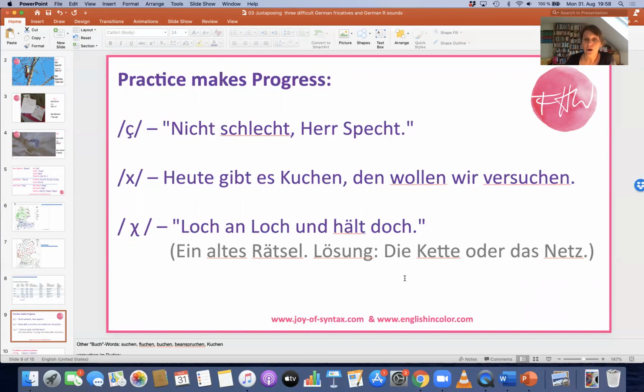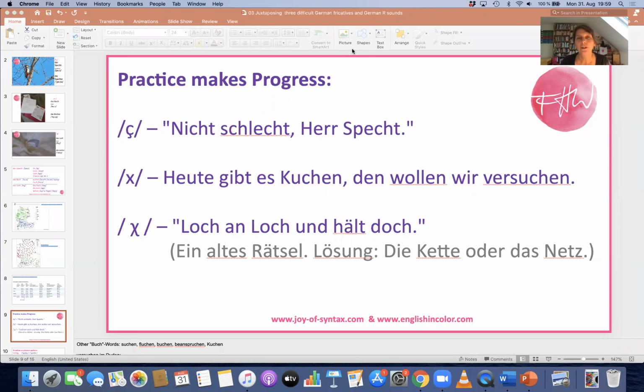And Loch an Loch und hält doch. That's an old, what do you say? You know how when you sometimes have these, I can't think of the word right now. I'm having a blackout. Hang on. Okay, now I know what I wanted to say. A riddle.